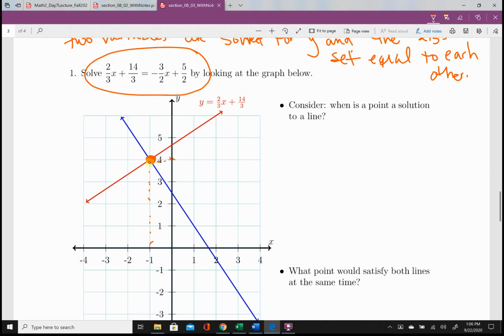So this means it'll be the point that's the solution to both lines at the same time. So consider, when is a point a solution to a line? A point is a solution to a line when the ordered pair satisfies the equation.